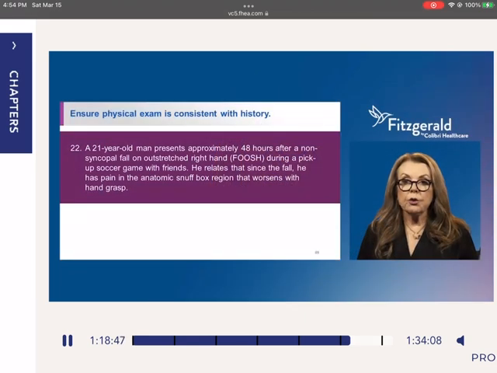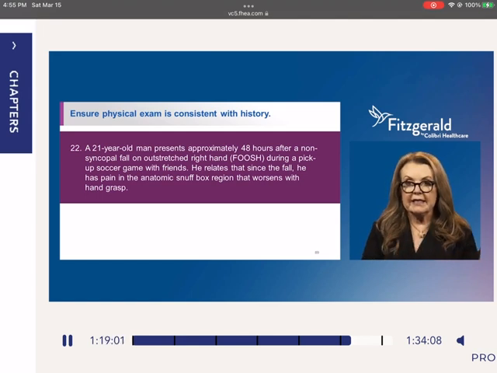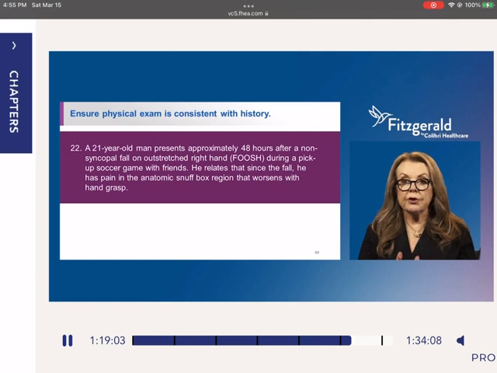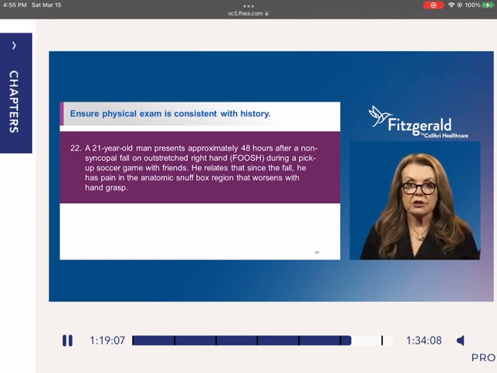What you want to do whenever you see a person with an orthopedic issue is always ensure the physical exam is consistent with the history. I've mentioned this before in the program. Anytime a person has an injury, make sure the exam is consistent with the history.